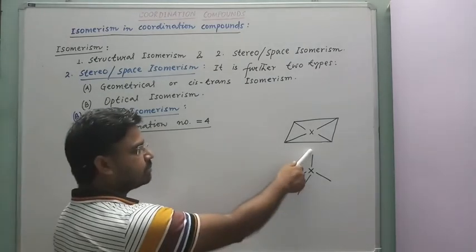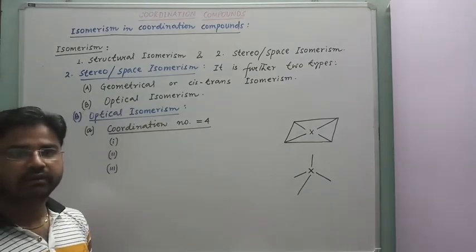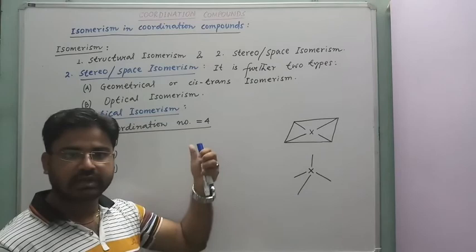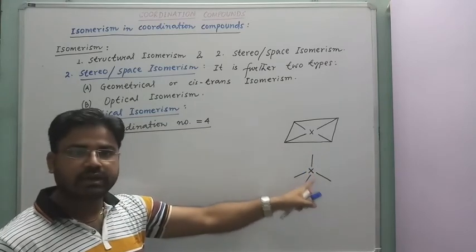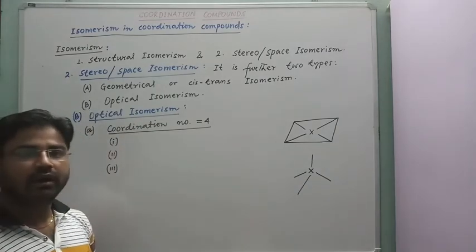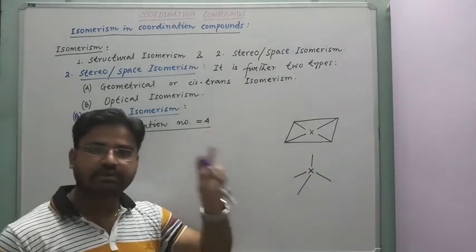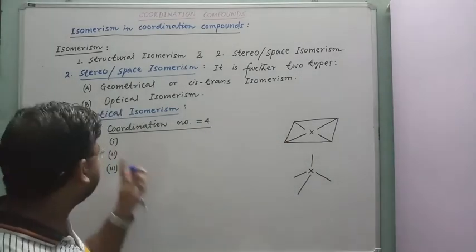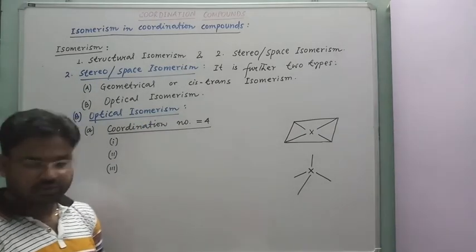If the tetrahedral complex contains unsymmetrical bidentate ligand, like glycinate ion, it can show optical isomerism. So this is not so important.